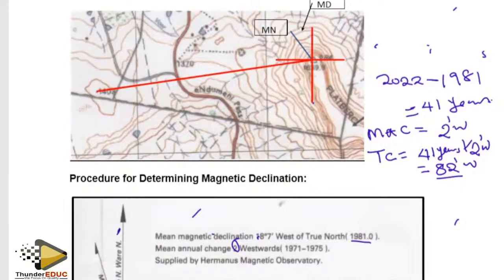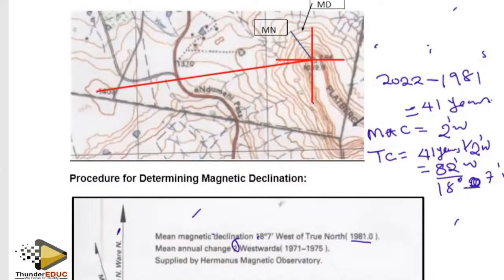We go back and say that in 1981, what was the magnetic declination? The magnetic declination in 1981 was 18 degrees 7 minutes west. That was for 1981. What is the change that has taken place from 1981 to today?